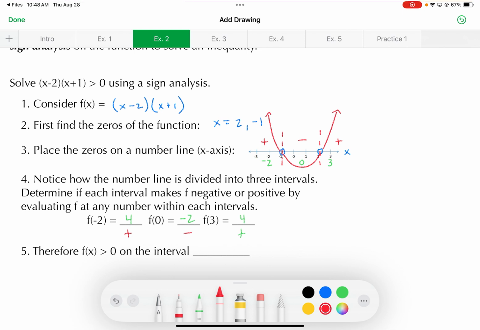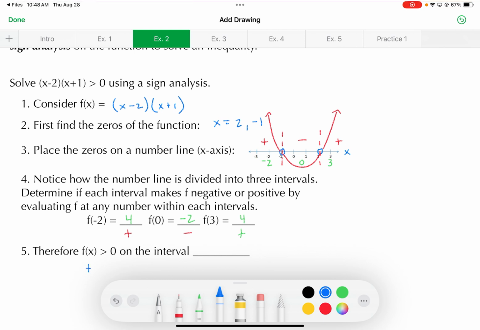All right, so now we're ready to solve the inequality. So we set the left side equal to f of x. So we could now think of this inequality as f of x is greater than 0. For this to be a true statement, does f need to be positive or does it need to be negative? It's got to be positive, right?